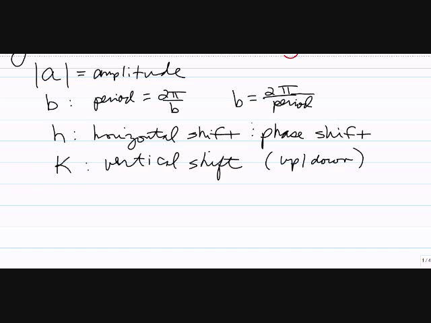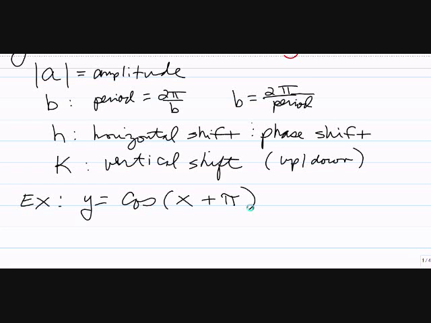So if I have, for example, y equals cosine of x plus pi, and it is inside the parentheses with the x, then I'm talking about the phase shift. That pi is an h.